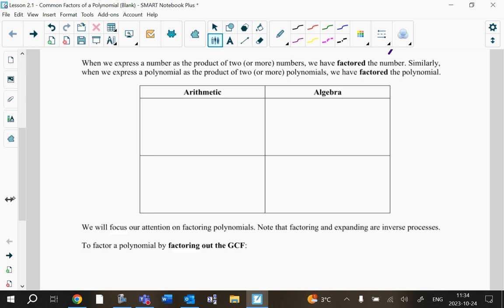So if I were to ask you to say factor 24, well, I want to break it up into 2 or more numbers that multiply to get 24. There's all sorts of answers, isn't there? Okay. I mean, it could be 3 times 8.